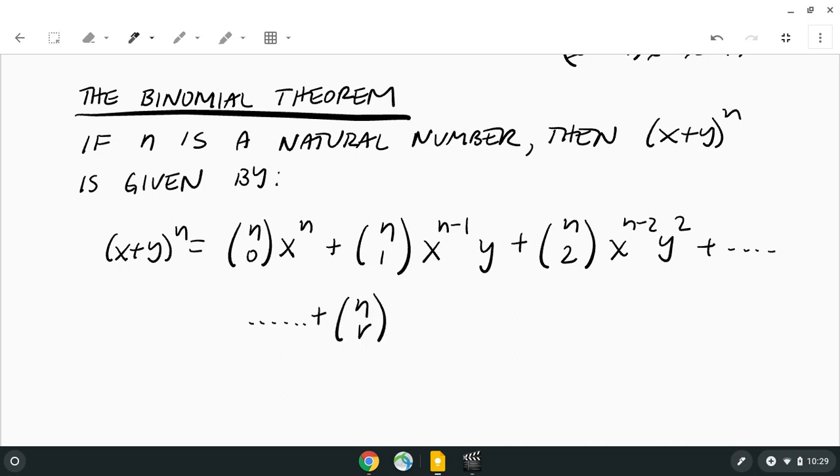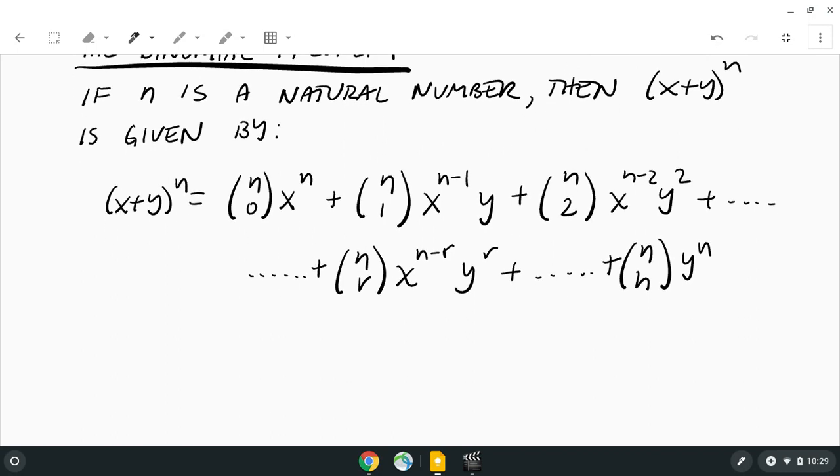So you get n choose r, x to the n minus r, y to the r, all the way to the very end till these two numbers finally match up. And you get y to the n.